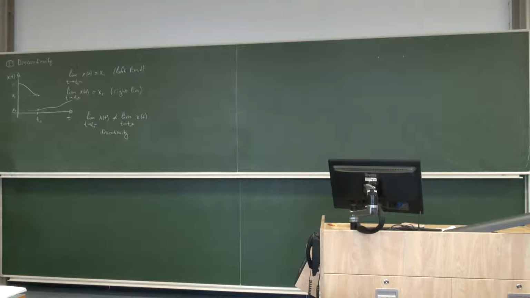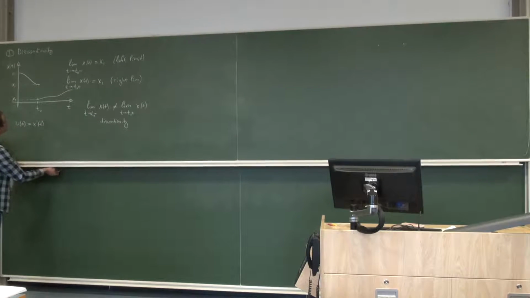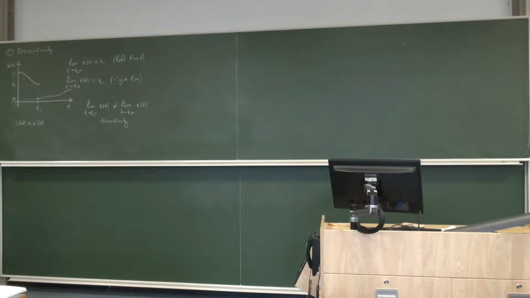But as you know from your school physics course, velocity is the derivative of the coordinate. But we have a function that's broken up, it's discontinuous. We don't know how to differentiate this at this point. So what we will make use of today is the limits that we have introduced in the previous lecture. I will introduce a discontinuous function as a limit of continuous functions.